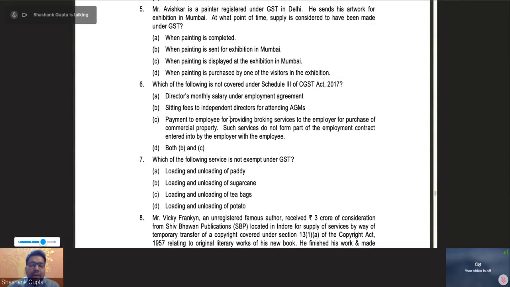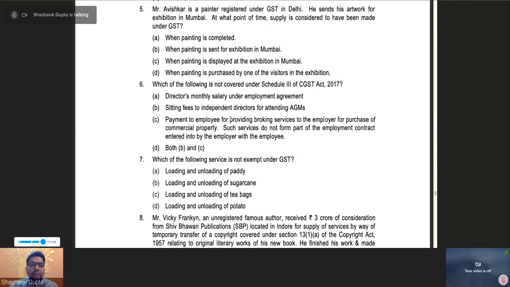And once he steps into the shoes of an employee, any services provided by an employee in the course of his employment are covered under Schedule 3. So in A, where the director is getting monthly salary under employment, he is working in the nature of an employee, and hence, my dear friend, this stands covered under Schedule 3.